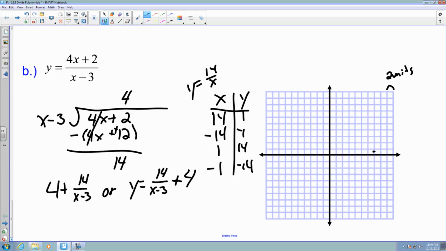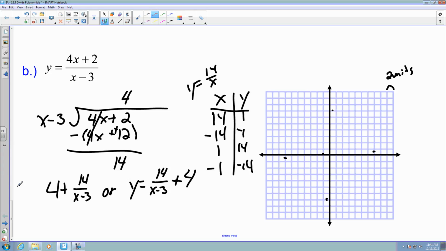And negative 1, so it's right about there. And the others, about there. So those are the plotted points if y just equaled 14 over x.